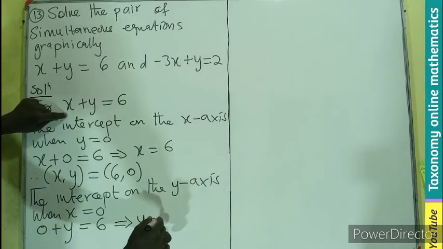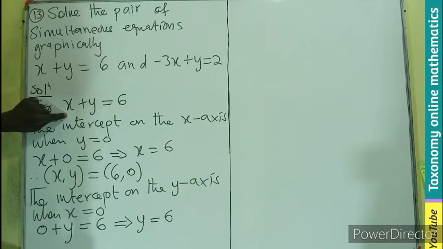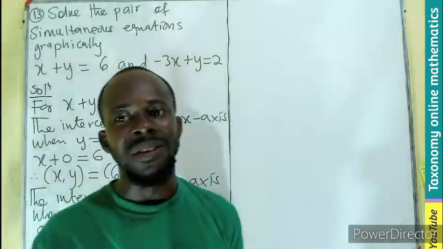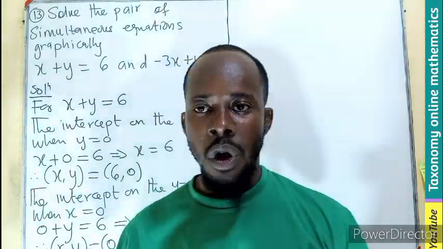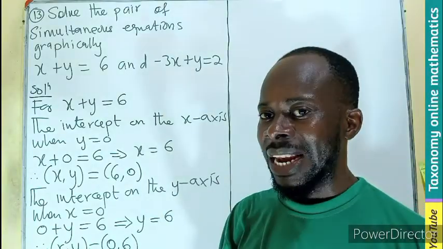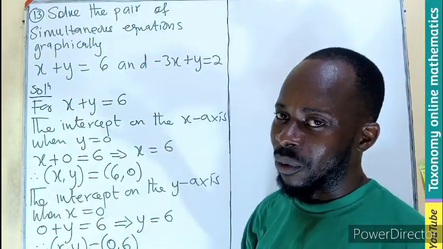That means y is also 6. So the coordinate is x value 0, y value 6. So first thing first, find the intercept on both x and y axis for the first equation.